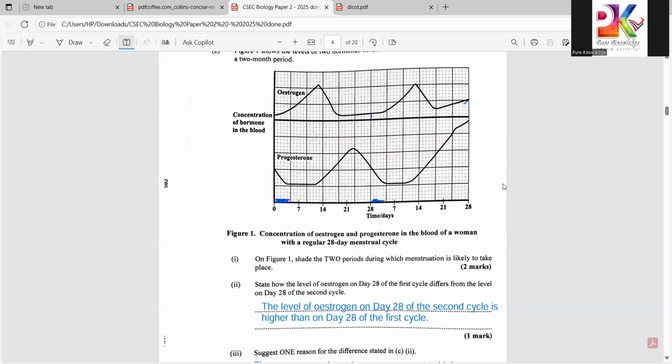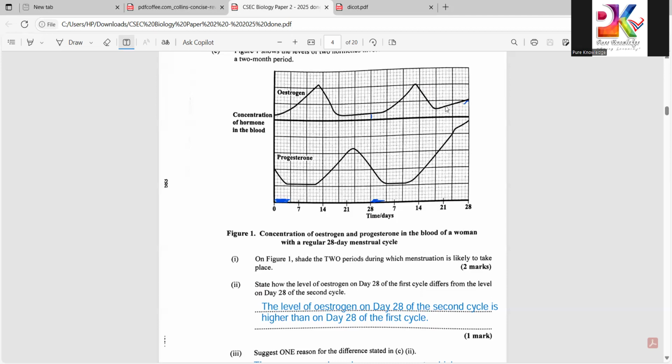As you can see here in the first cycle, it falls around day 20 and remains constant to day 28, when it starts to rise again because menstruation just occurs. After menstruation, we can see the levels start to rise again, but this time it rises to about the same level by day 13, 14, and then it dips.